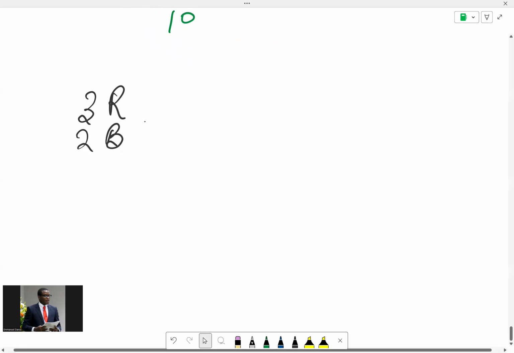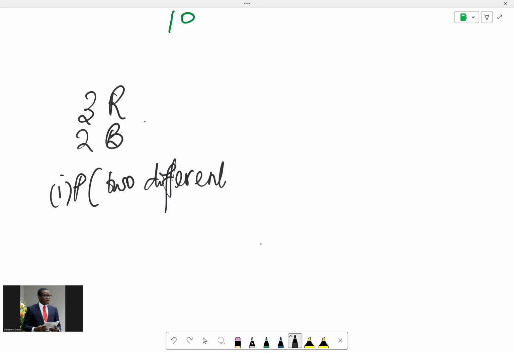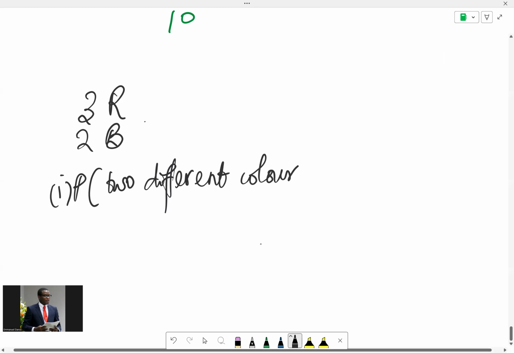So you can have this question: what is the probability of drawing 2 different colors from the bag? I think that's a better way to look at it.